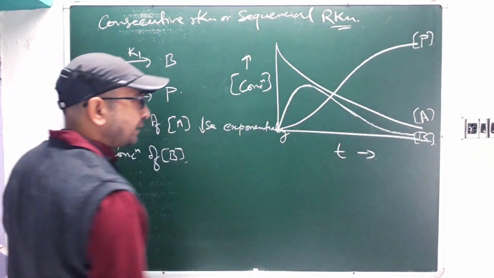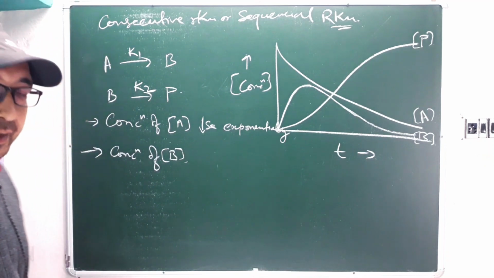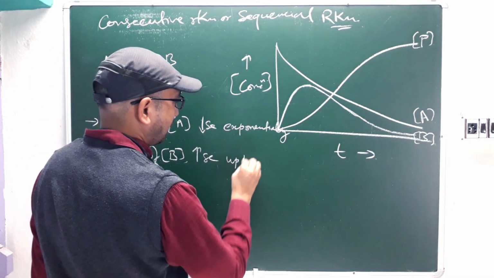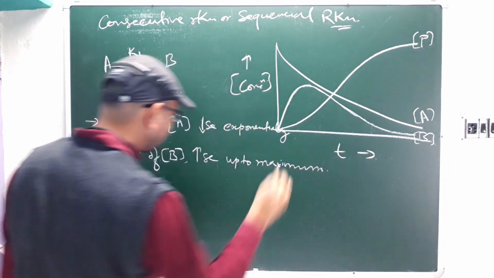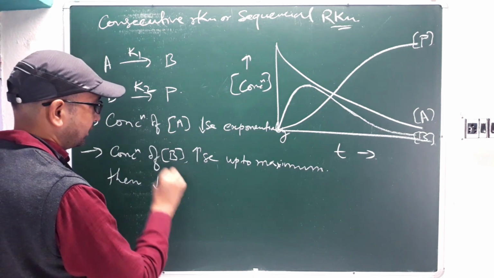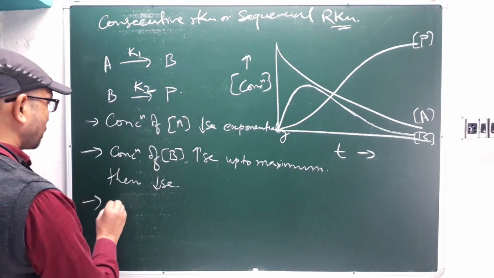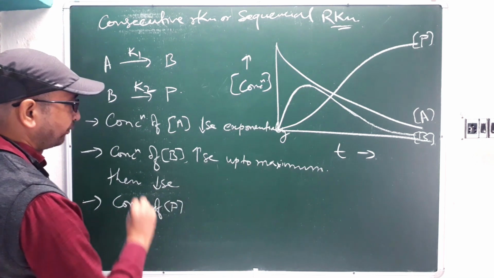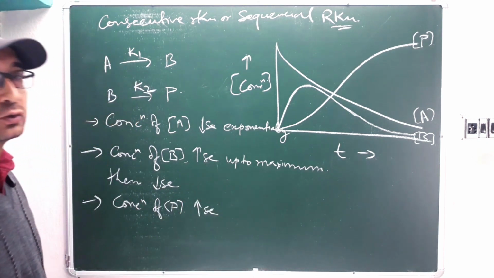First it is increasing, and then again it is decreasing, correct? The concentration of B increases up to a maximum, then it decreases. Now for the concentration of product, it is also increasing.